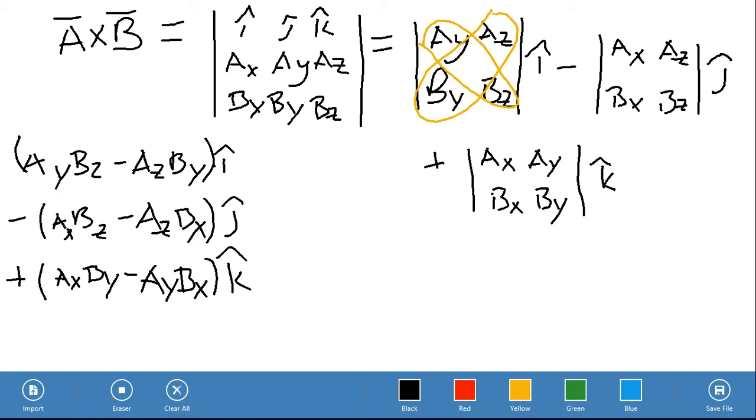You could also write this in vector form. You could write it as this ay bz term, which I'm just going to represent with a little tilde. So ay bz minus az by, that's what this tilde is. And then we can have a star for this one.